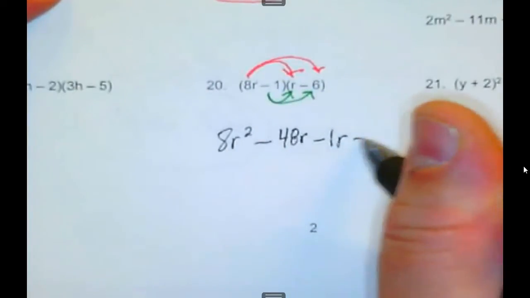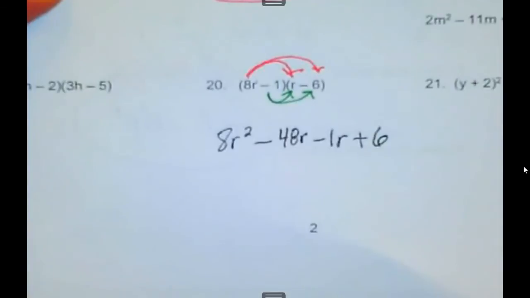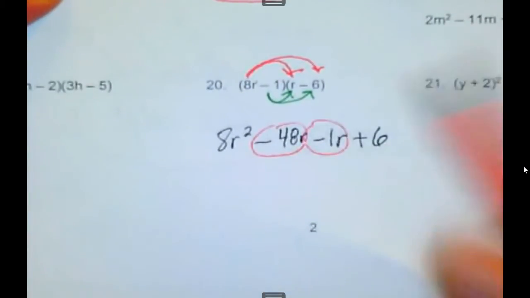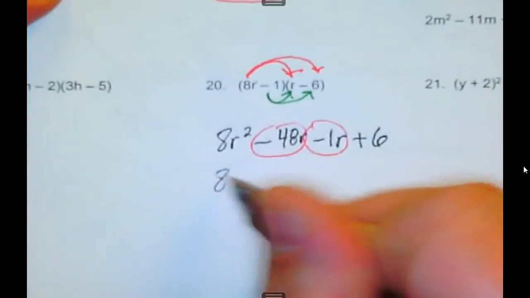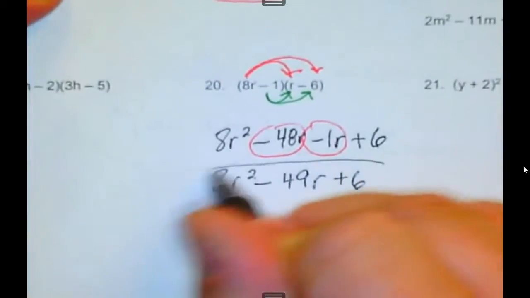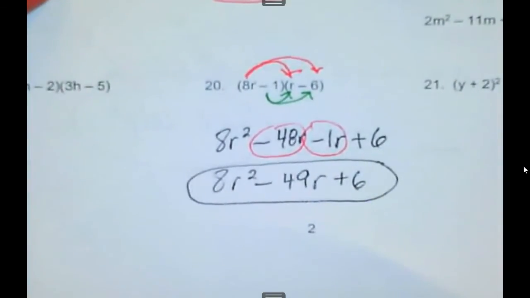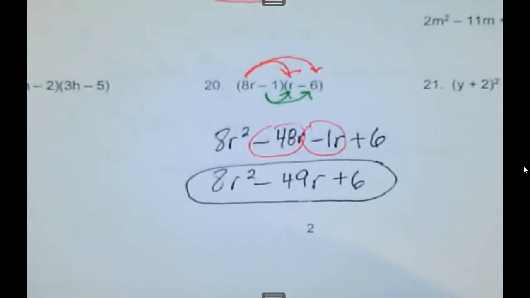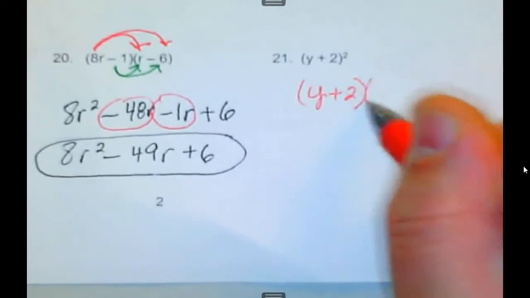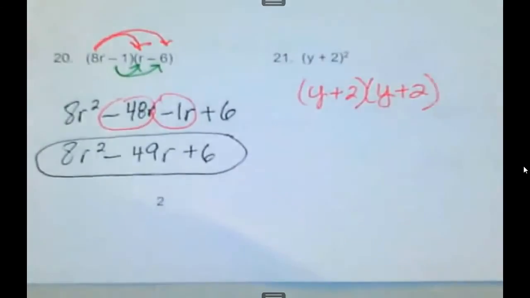Negative 1 times negative 6 is positive 6. Combine like terms. So I have 8R squared minus 49R plus 6. If I have a squared term, you're just taking that quantity and multiplying it by itself, right? And then distribute.